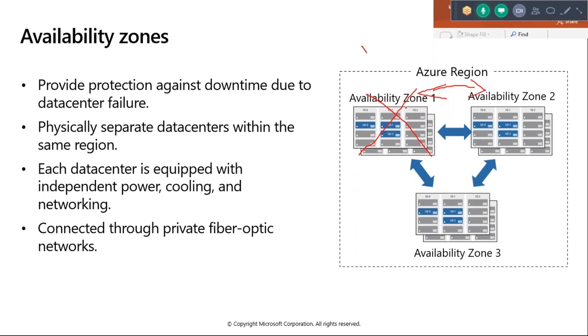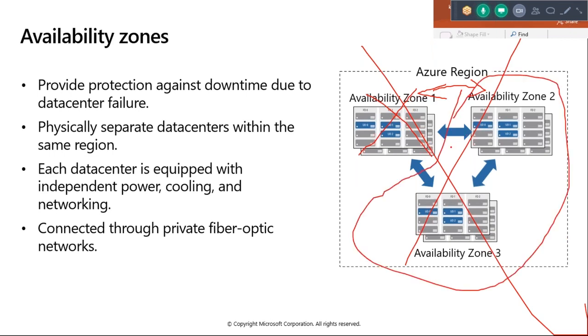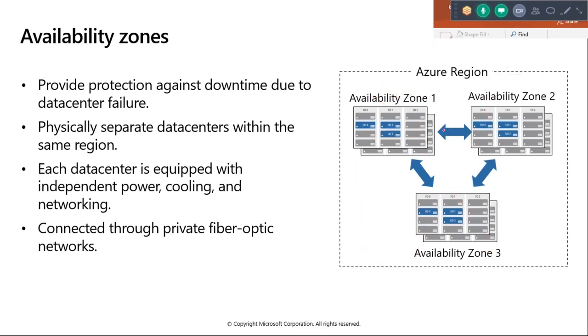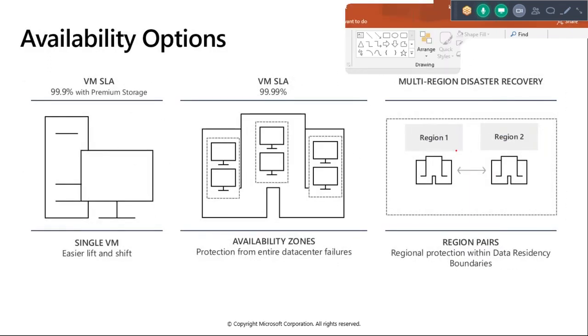So until the entire East US is crashing, at least the other 2 data centers will work for you, which is a benefit. That's why you get a higher service level agreement. So in the event of all these getting crashed, that's why you go for the third architecture. Like all your VMs in East US, you replicate them to another data center like Southeast Asia, etc., which is an advantage.